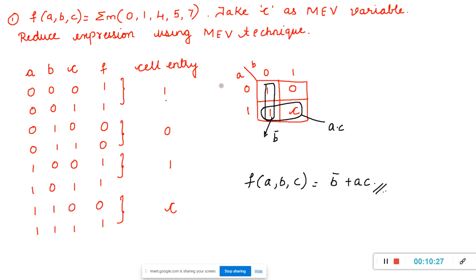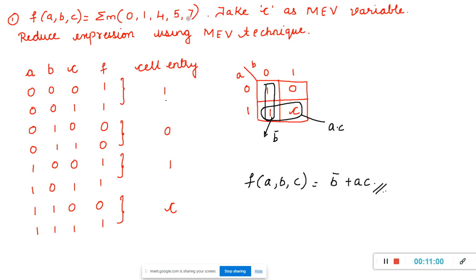Now we need to apply the rules. As usual, as it is a 3 variable K-map, from 0 0 0 up till 1 1 1 you need to write: 0 0 0, 0 0 1, 0 1 0, 0 1 1, 1 0 0, 1 0 1, 1 1 0 and 1 1 1. For these combinations, we need to write the f value.